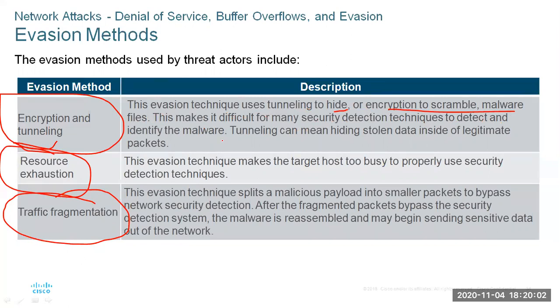Tunneling can mean hiding stolen data inside a legitimate packet. Resource exhaustion is a technique that makes the target host too busy to properly use security detection techniques. Traffic fragmentation is a technique that splits a malicious payload into smaller packets so that they can pass through network security detection.